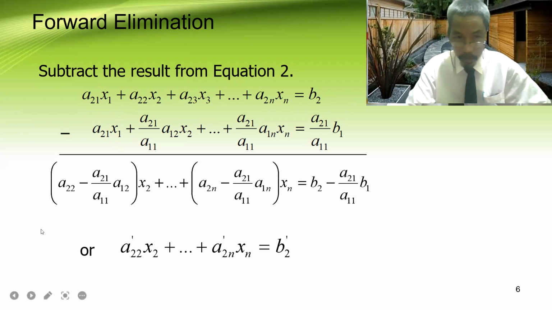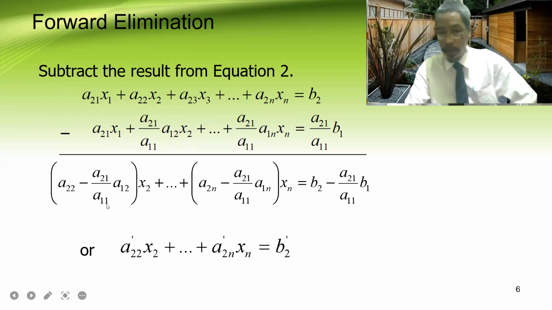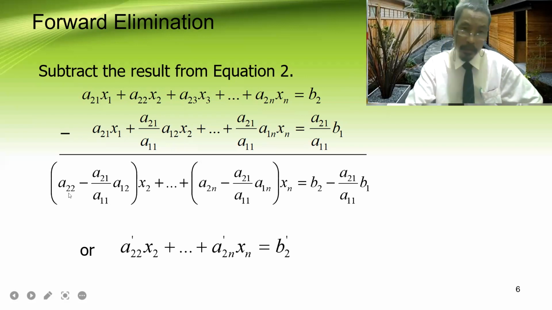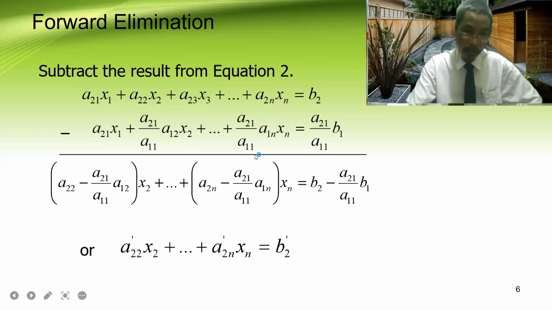However, for variable x2, that is A22 minus A21, A12 divided by A11. And so on up to the last coefficient, which is A2n minus A21, A1n divided by A11.